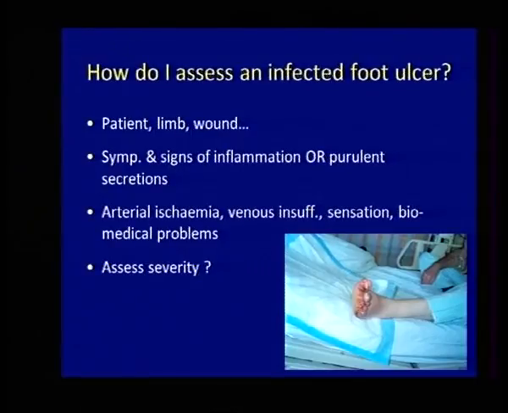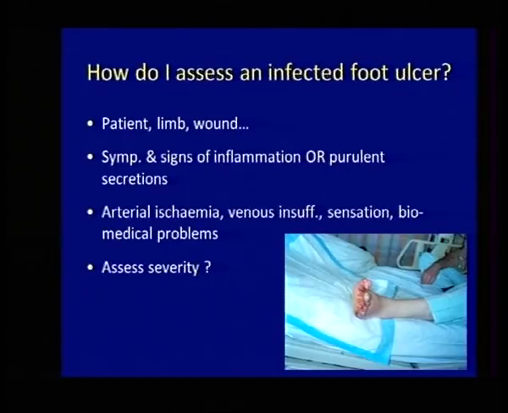You need to focus on the limb to look for evidence of purulence, inflammation, redness, swelling, pain, and also to assess the associated factors of vascular insufficiency, presence or absence of neurologic sensations. All have to be looked at to decide whether the wound is likely to be infected. We also look at arterial ischemia, venous insufficiency, and other biomechanical or biomedical problems. It is very important to assess the severity of the wound when you assess for infection.